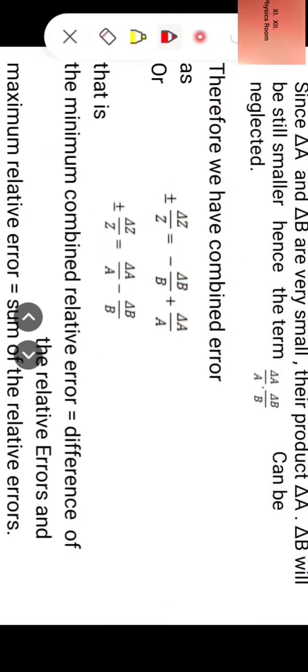Now since delta A and delta B are very small, their product delta A into delta B will be still smaller. Hence the term delta A by A into delta B by B can be neglected.